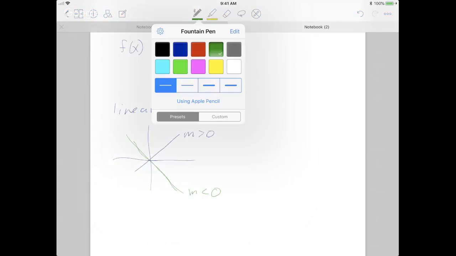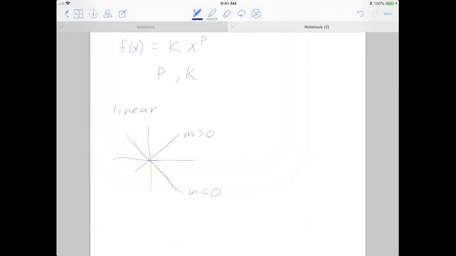And then we had that one other parameter. So this would be y equals mx plus b. So that's what b does, right? Is it steeper or shallower? Is it increasing or decreasing? What does b do?